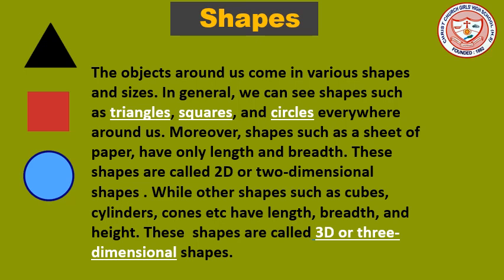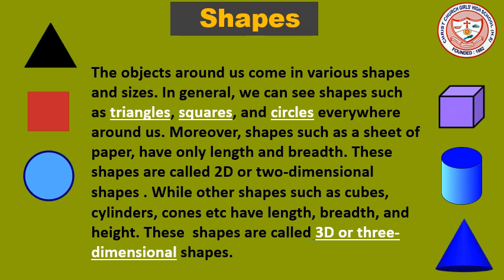These shapes are called 2D or two-dimensional shapes, while other shapes such as cubes, cylinders, cones, etc. have length, breadth, and height, and these shapes are called 3D or three-dimensional shapes.